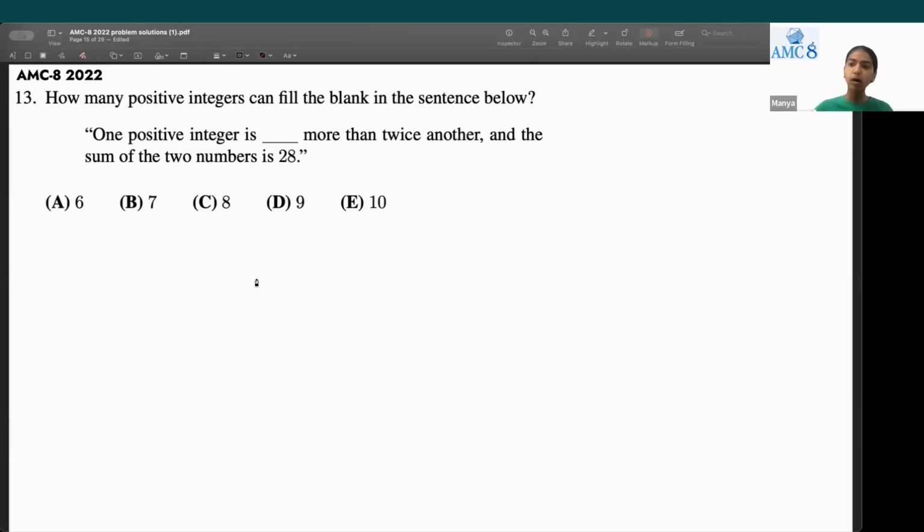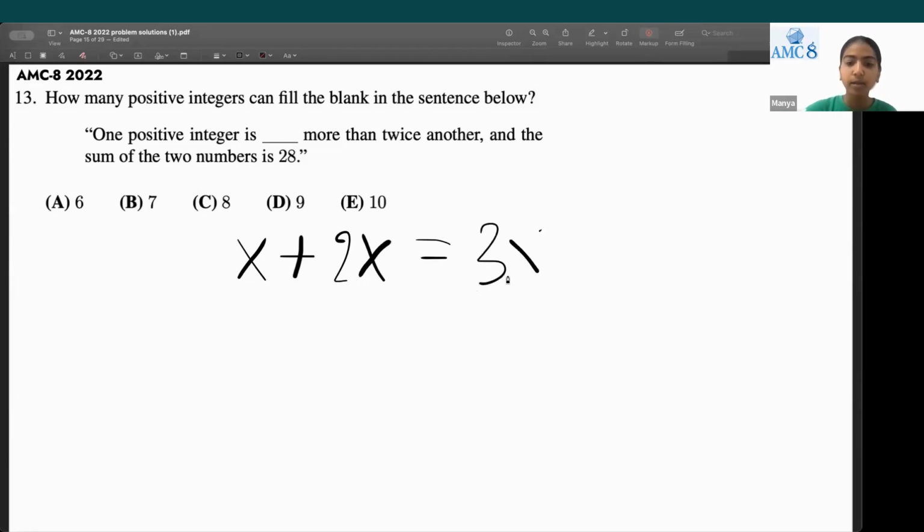So if one positive integer has to be more than twice another, suppose that one of the positive integers is x. Then x plus 2x is equal to 3x. So we know that 28 has to be equal to 3x plus 1, or plus anything.